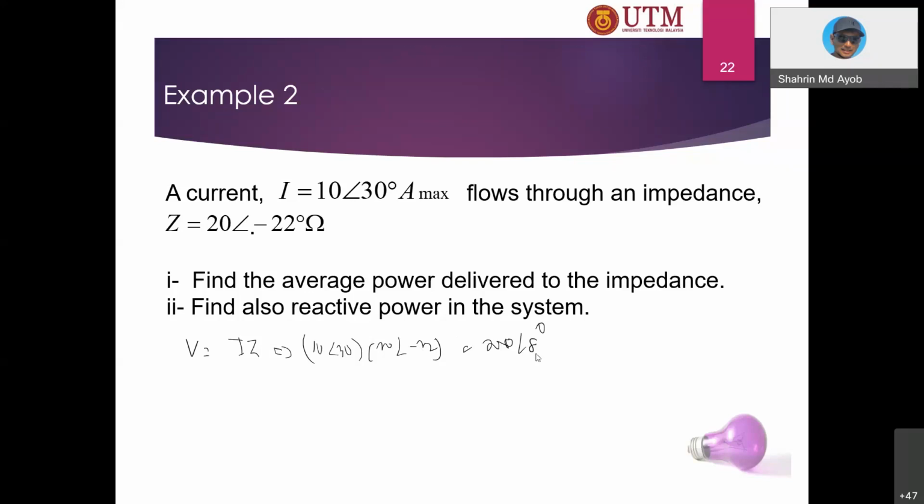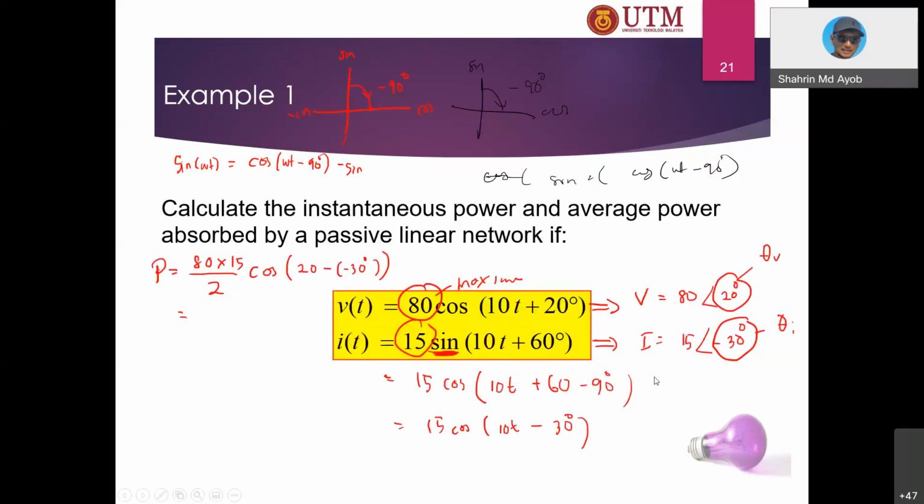For example, if I have my voltage 80 cos of 10t plus 20 degrees, the polar form requires the amplitude and also the phase. So your amplitude is 80 and your phase is 20 degrees. So it's simply like that.